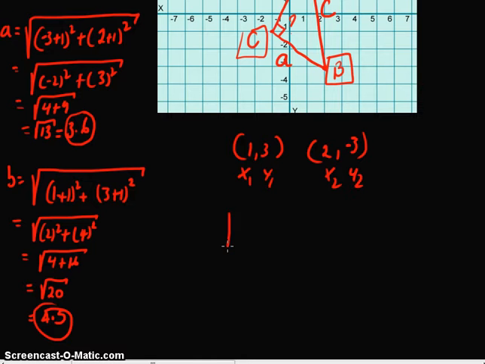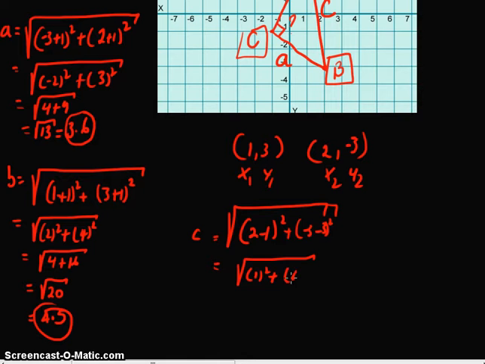Based on this, we have the square root of 2 minus 1, the whole square, plus -3 minus 3 squared. This is for c: the square root of 1 squared plus 6 squared, which becomes the square root of 1 plus 36, the square root of 37, which is very close to 36, so it's about 6.